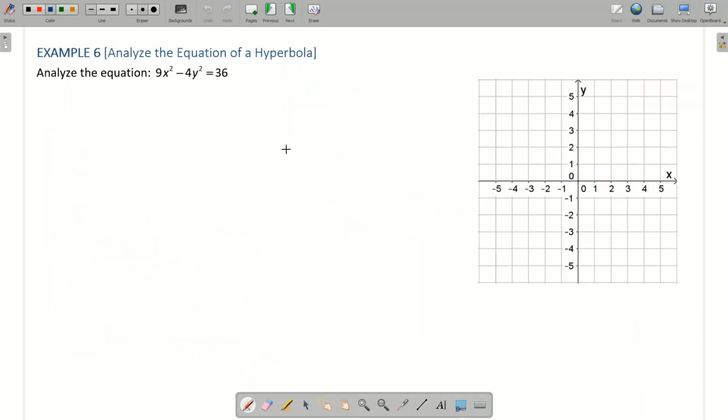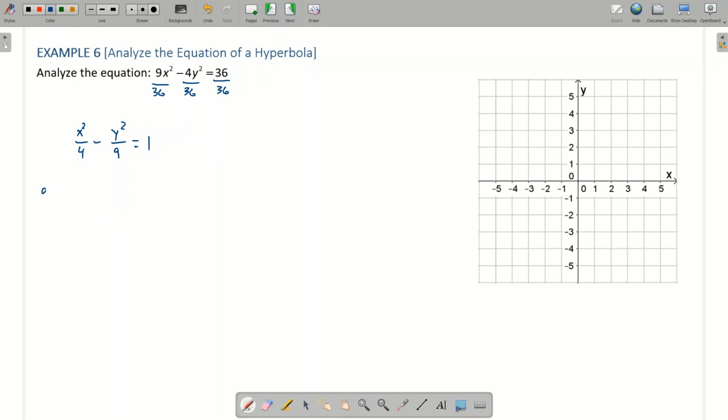Okay, let's try another one. So this is another example where it's not currently in standard form. So we need these coefficients to be 1s, and we need this number to be a 1. We can make that happen by just dividing all of the terms by 36. So that'll make the first one x squared over 4 minus y squared over 9 equals 1.